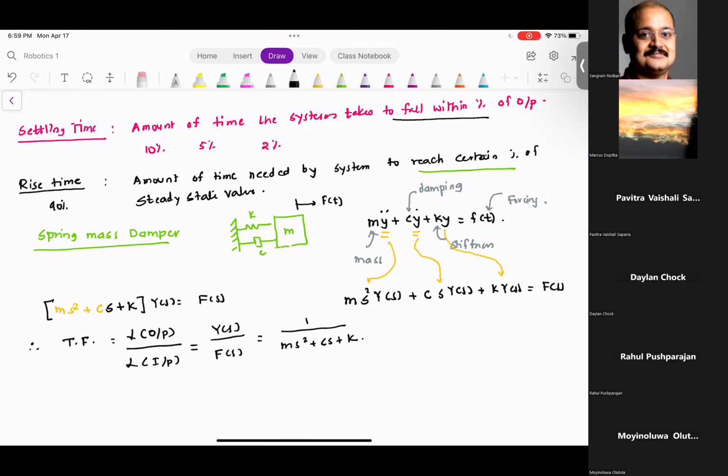And this is the transfer function of this system. Now this system could be stable or could be unstable.